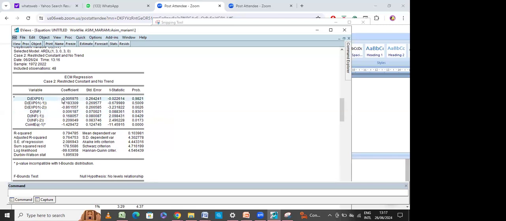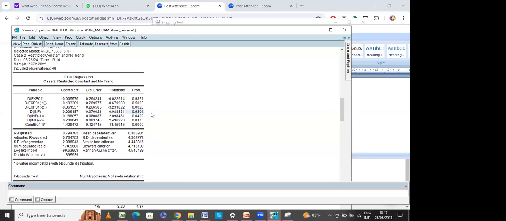Here I have the value of my export. Here I have the short run value of my inflation. So here I am explaining that both variables are not significant because the p-value is greater than 0.05 and 0.10, which is my criteria.